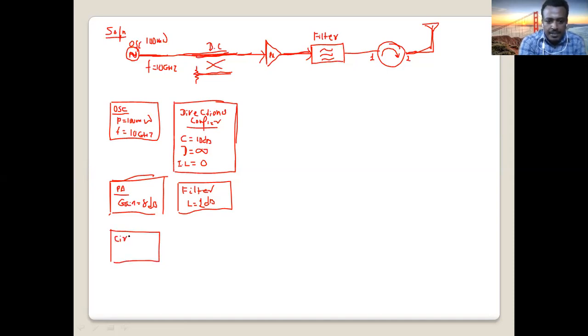In the transmitter side of our system, we have oscillator, directional coupler as the second device, amplifier, third device, filter, fourth device, circulator, the fifth device. So 5 components connected in series until it reaches the antenna.